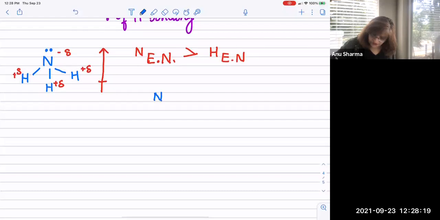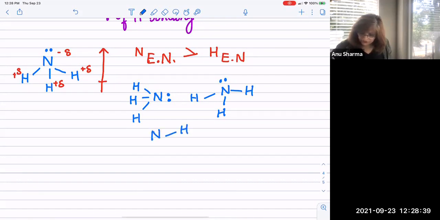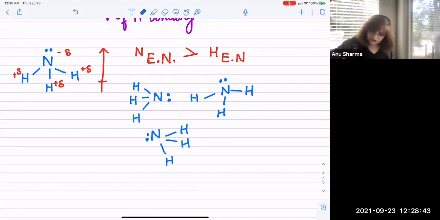Just to show you in these molecules, the hydrogens are delta positive and the nitrogens are delta negative.